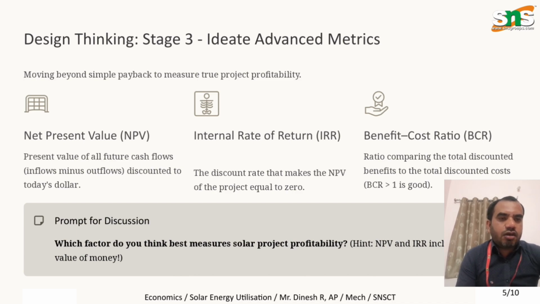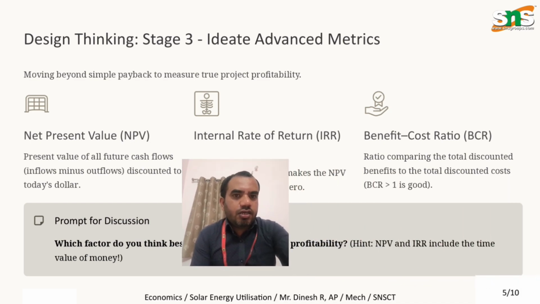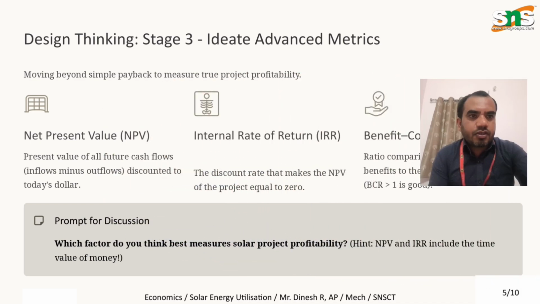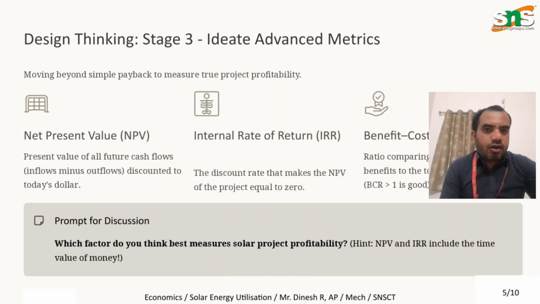Here we are calculating the net present value, internal rate of return, and benefit cost ratio. Which factor do you think we measure solar project profitability? This is what we have to focus on in order to get value for money.